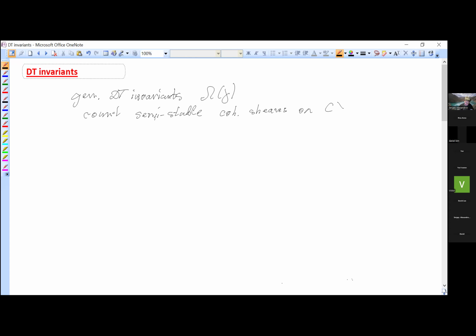Okay, so these coherent sheaves are characterized by a Chern vector. But I will use physics notation. So instead of the Chern vector, I will use the so-called electromagnetic charge vector. And this guy will have components P0, PA, QA, Q0, where roughly speaking, this corresponds to Chern 0, this is Chern 1, and so on.